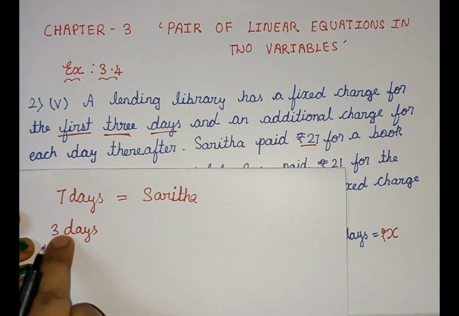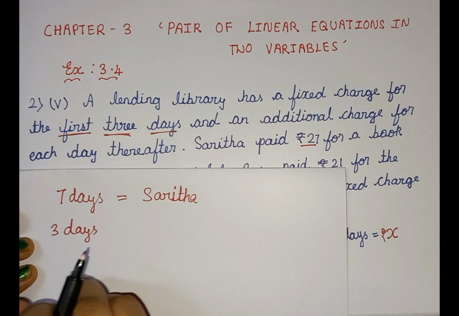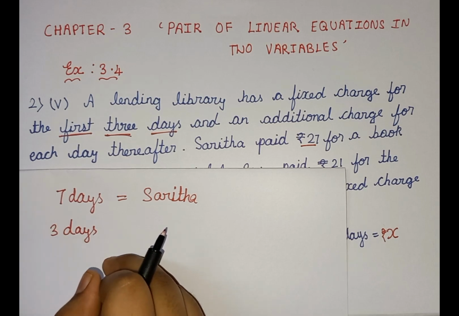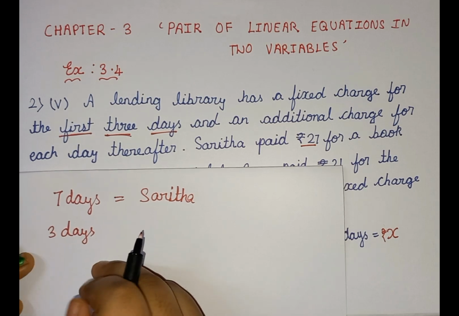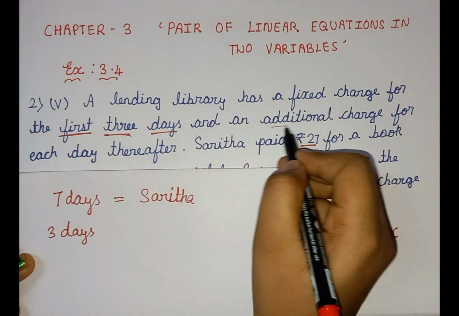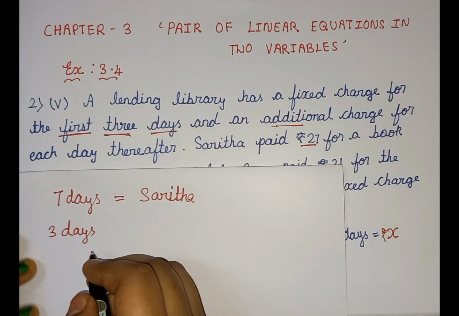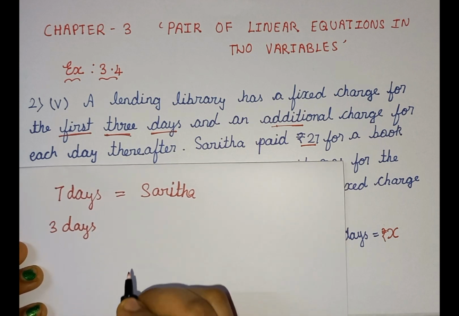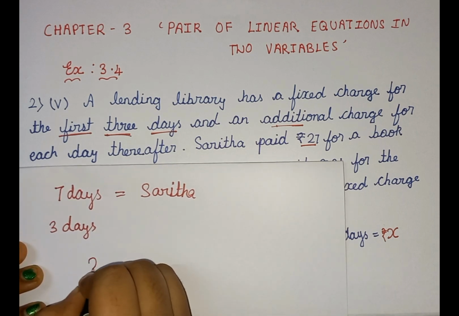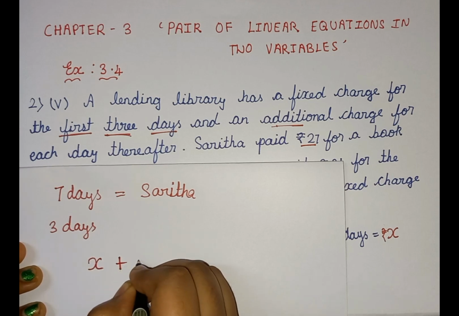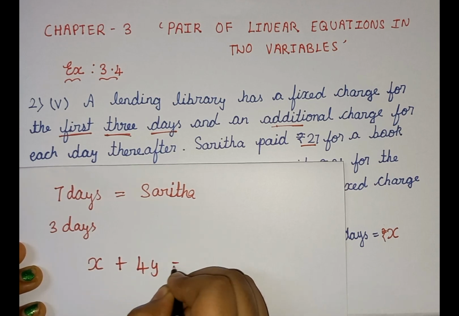So if we keep the book beyond 3 days, like the 4th day, 5th day, 6th day and so on, we should pay additional charge. Since Sarita kept it for 7 days, I can say X plus 4Y is equal to.